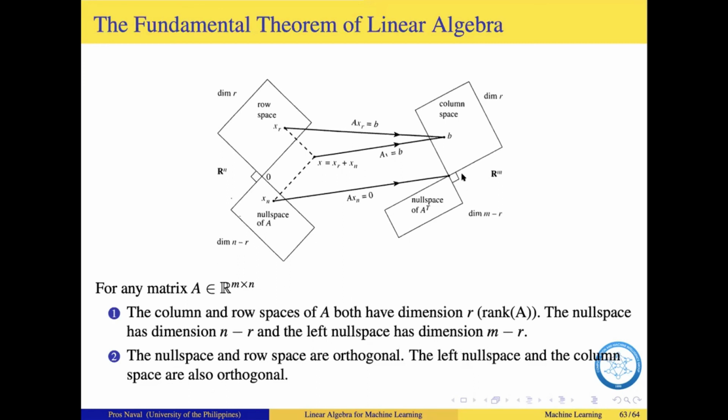That is illustrated by this perpendicular symbol here. So the column space and the left null space are perpendicular to each other, or orthogonal, while the row space and the null space are orthogonal. That is the fundamental theorem of linear algebra.